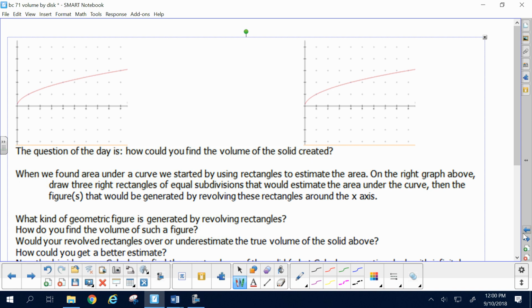Distance from the x-axis. So your radius is the distance from the x-axis. Okay, well then let's get started.